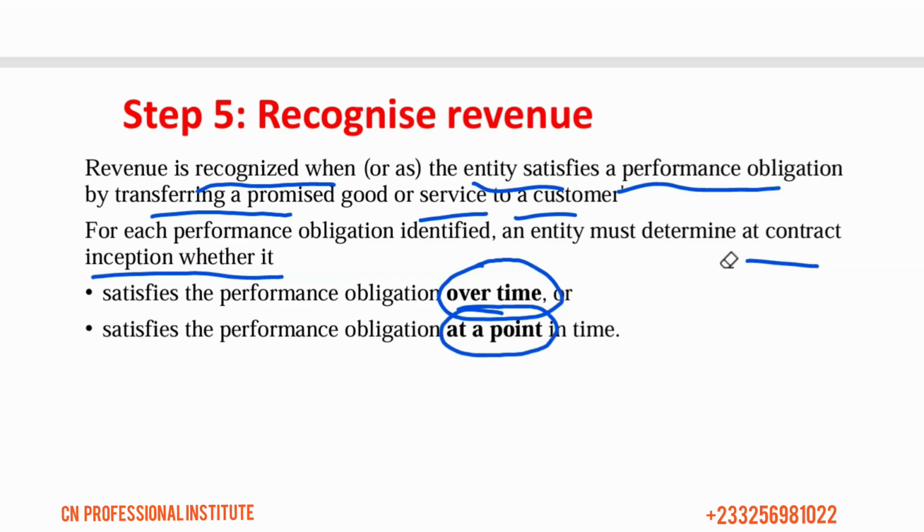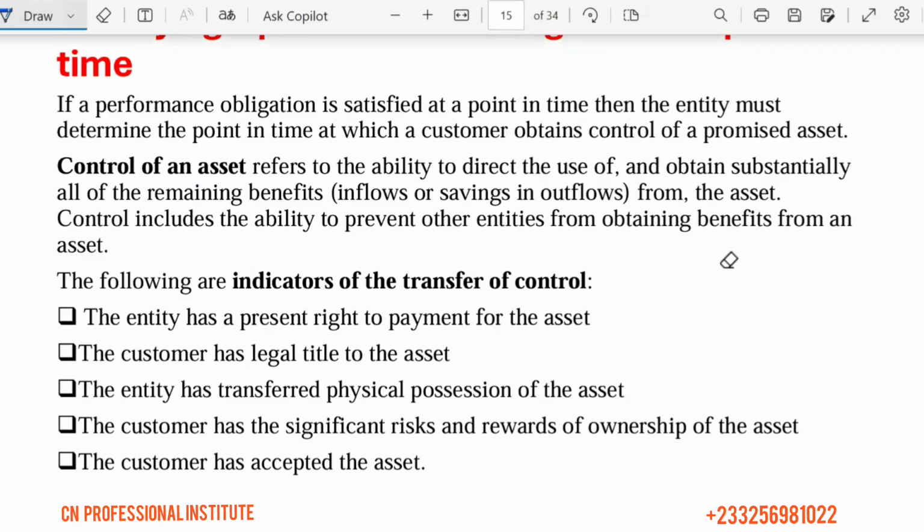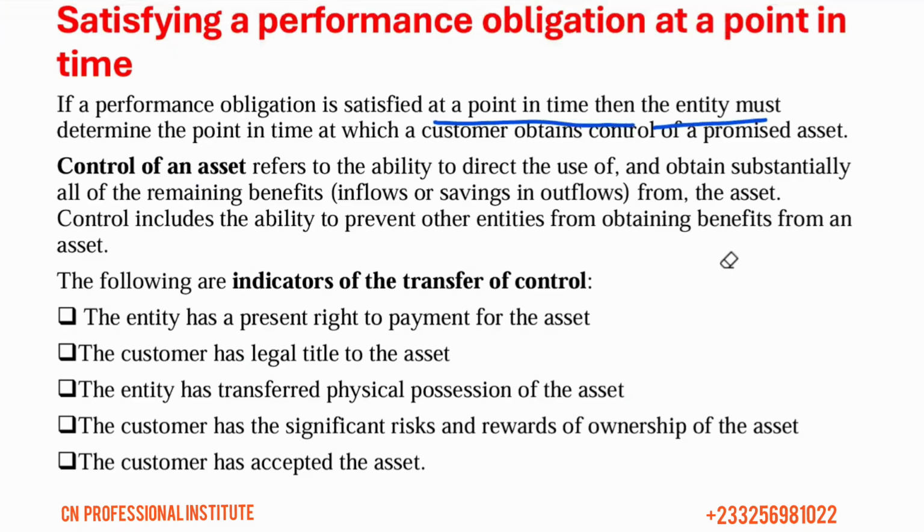So let's look at the first one, where performance obligation is satisfied at a point in time. If a performance obligation is satisfied at a point in time, then the entity must determine the point in time at which the customer obtains control of a promised asset.